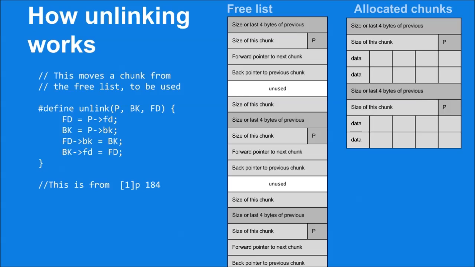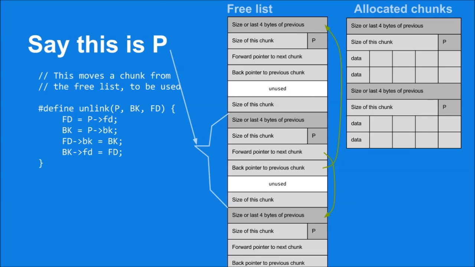So the unlinking algorithm is really just 4 steps. It takes in a given pointer to a block, a pointer to be used for backwards, and a pointer to be used for forwards. They don't have to be defined beforehand, but P does. Okay? On the left, we have a list of free chunks, and on the right, we have the allocated chunks. Let's say this chunk is P, okay?